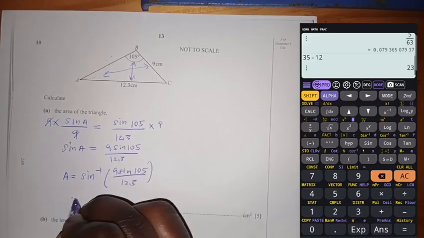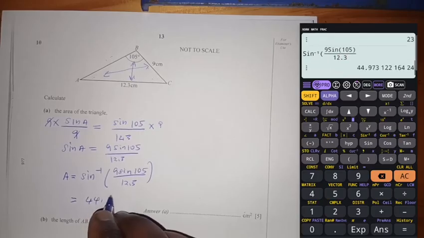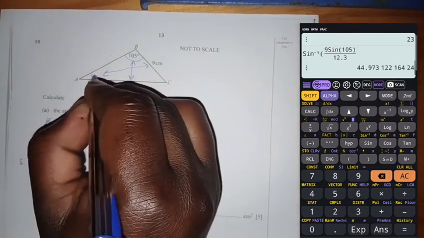Let's just use the calculator for this one. Arc sine, then the fraction 9 sine 105 over 12.3. The answer is 44.97311.